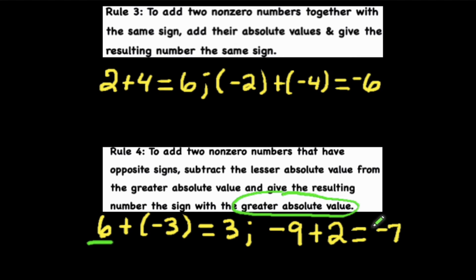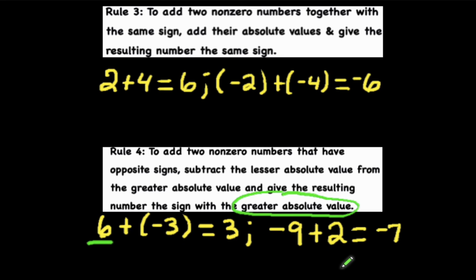And of course, we have a negative answer, right? And the reason why that is because we've attached the negative sign where we've used the greater absolute value, right? Which is negative 9. So therefore, our answer will result in a negative answer, which is negative 7. Okay? So hopefully that was helpful.